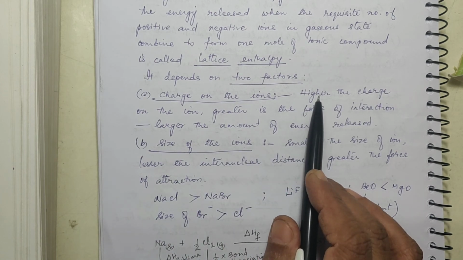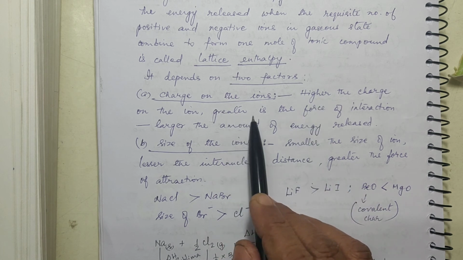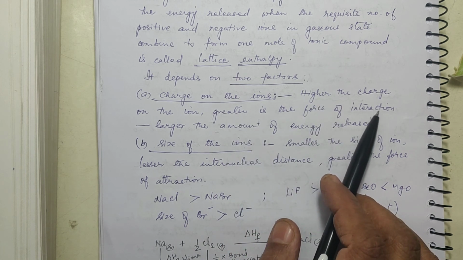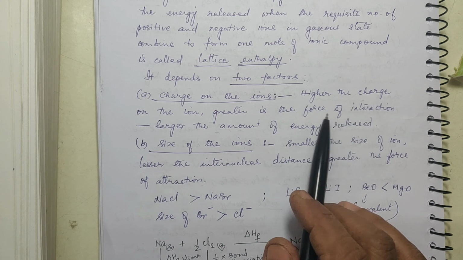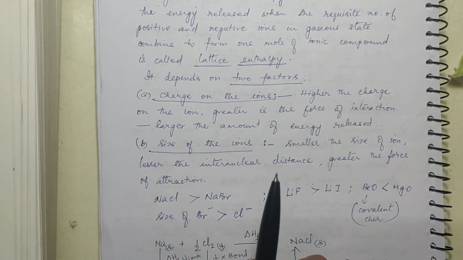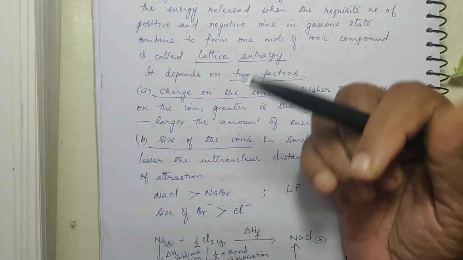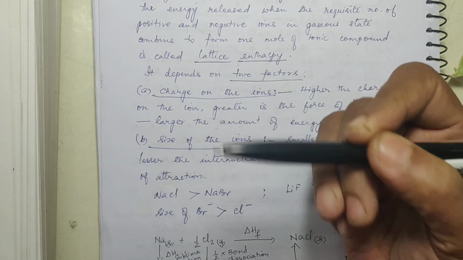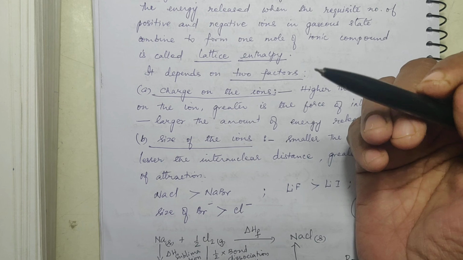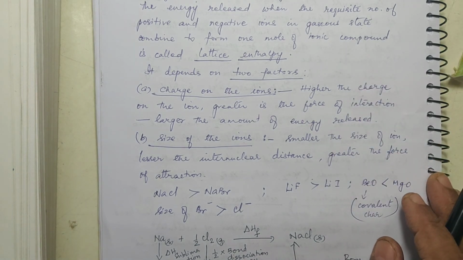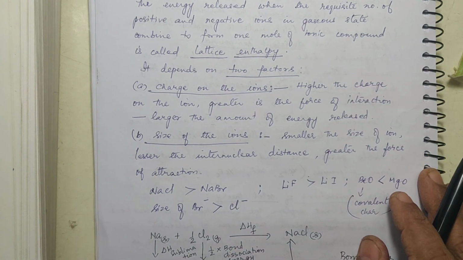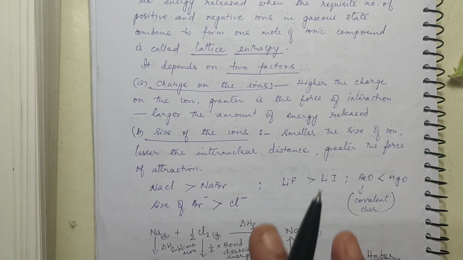If the charge is higher, then greater is the force of interaction. Okay? And if the force of interaction is higher, then more and more energy is released during the formation. Because I told you, low energy state is the more stable state. So if a particular substance has to reach a stable state, then it should be associated with lower energy.